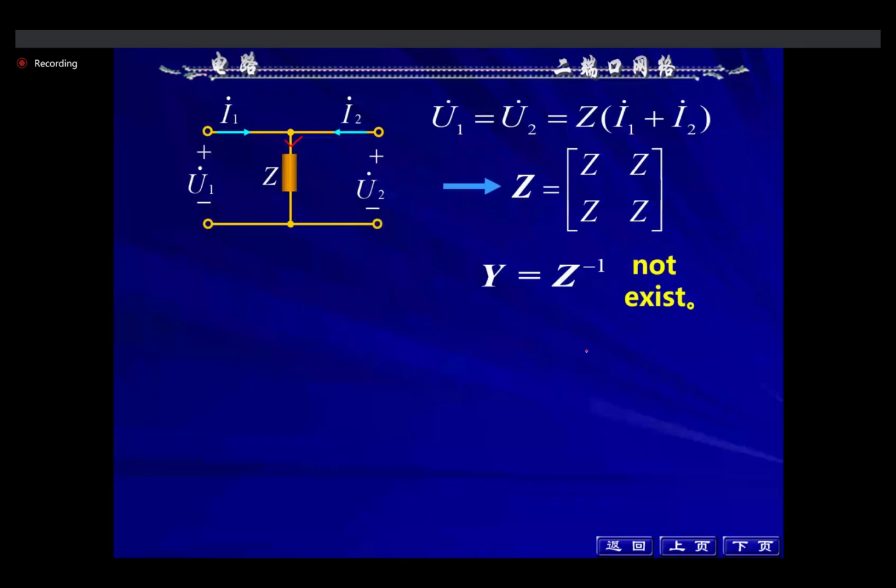This means we can't use the voltage to express the current.